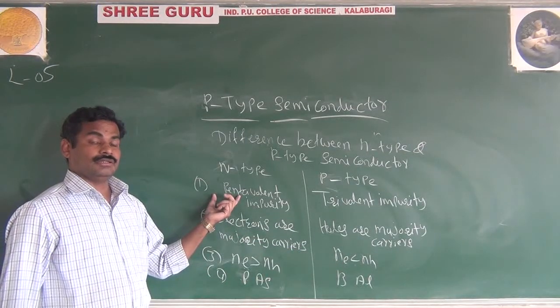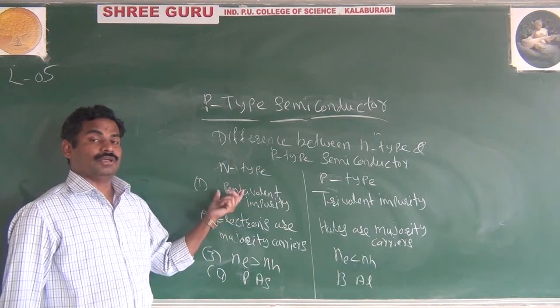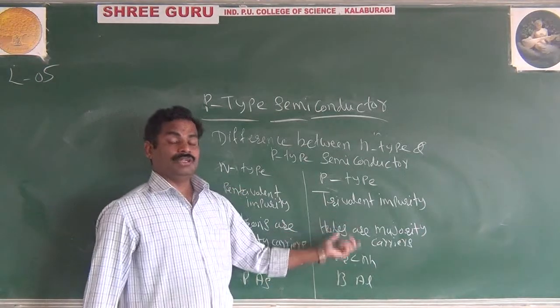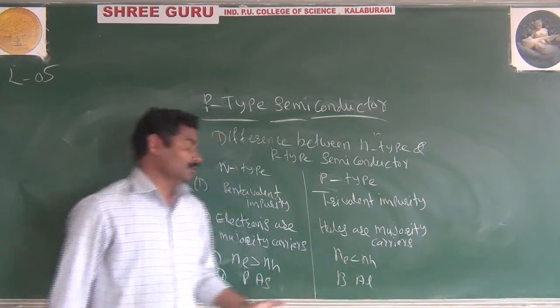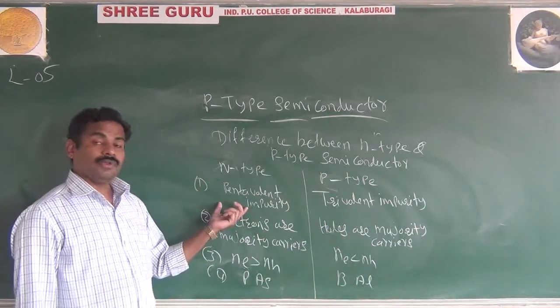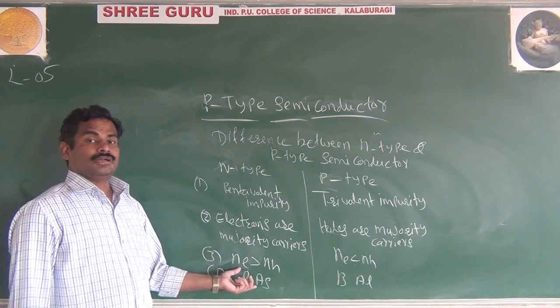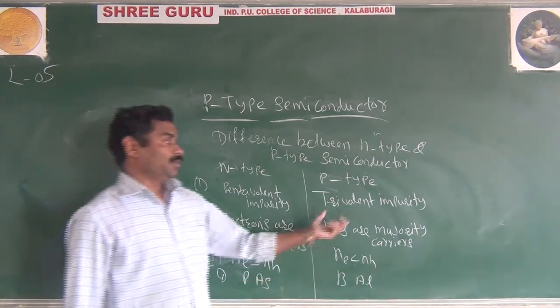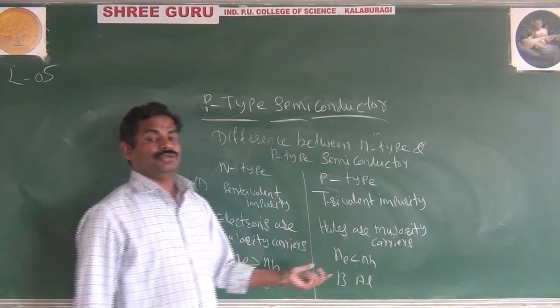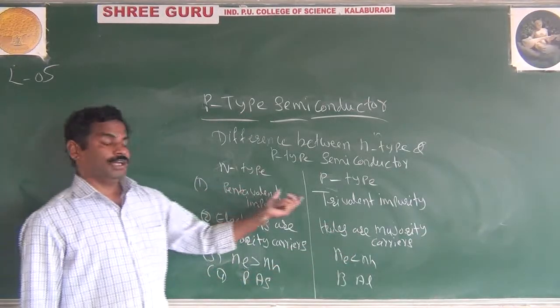In N-type semiconductor, the Fermi level is near to the conduction band. Here the Fermi level is near to the valence band. Another important thing, in N-type semiconductor the mobility of electrons is much more than the mobility of the holes. That is also an important thing about N-type and P-type semiconductor.